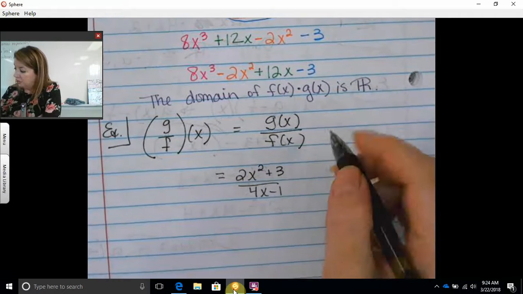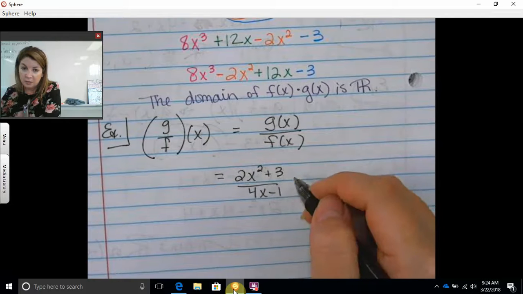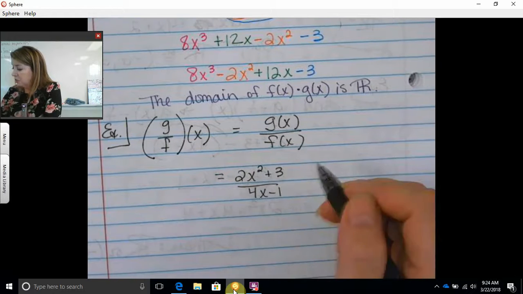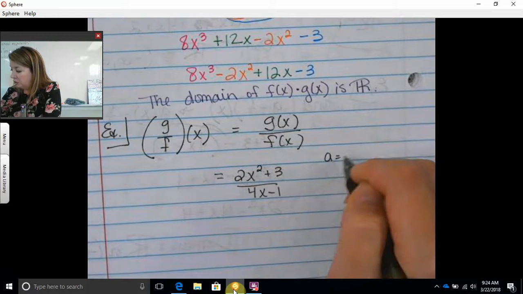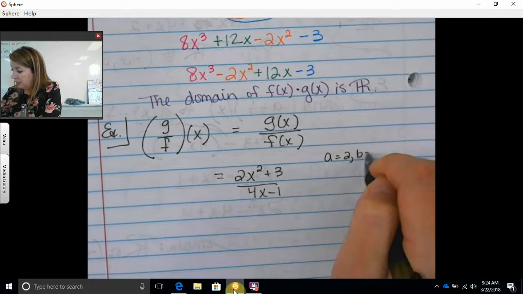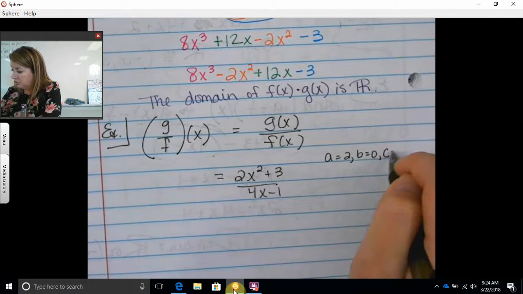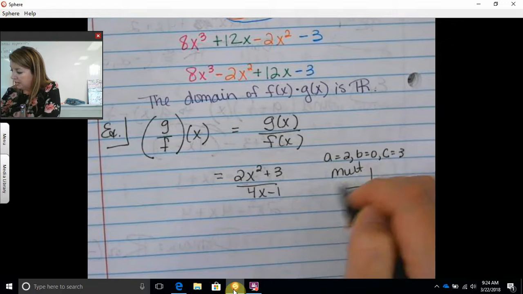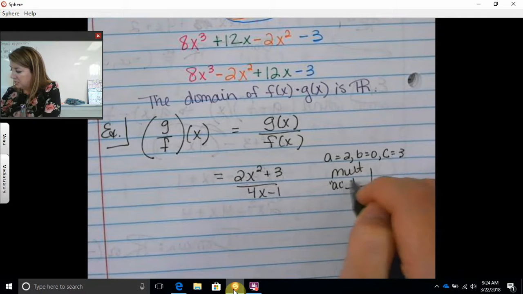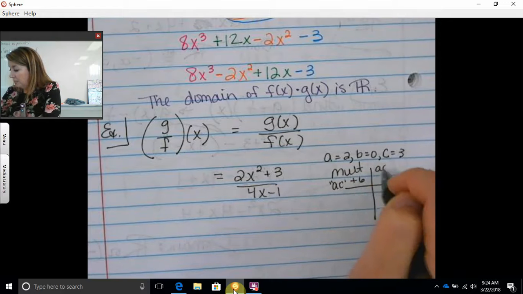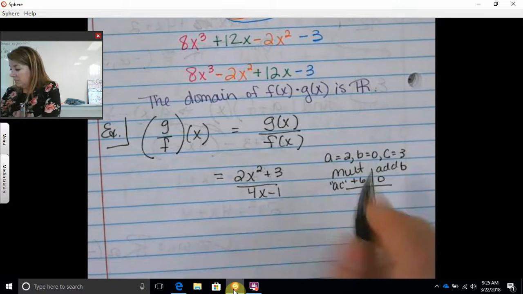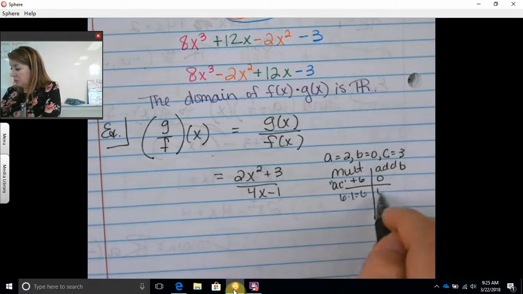Okay, so in this case, can I factor 2x squared plus 3? Well, it doesn't have a GCF, right? Let me just double check. A would equal 2. What is B? 0. C is 3. See, we need two numbers that multiply together to give you A times C, which is positive 6, and add to get B, which is 0. 6 times 1 is 6. 6 plus 1 is 7.